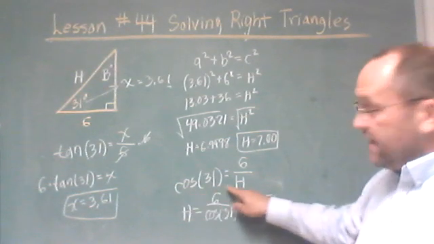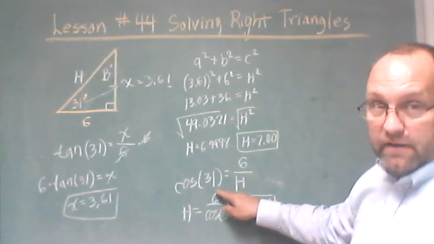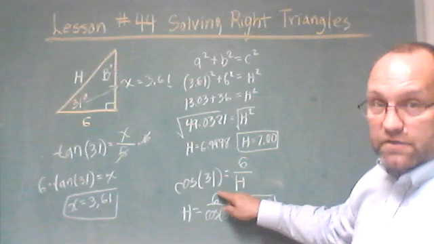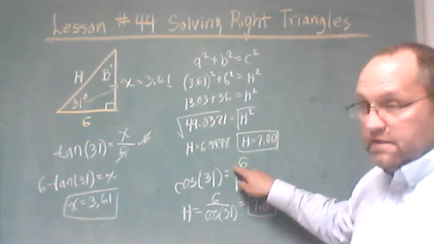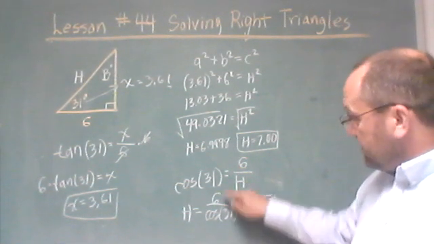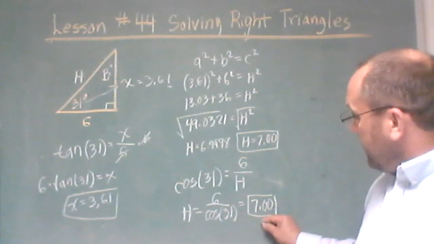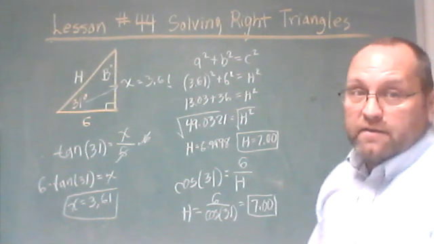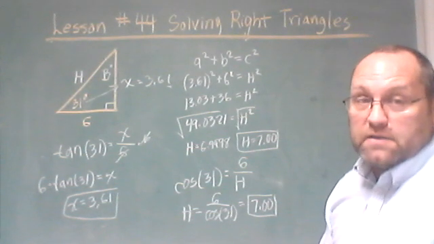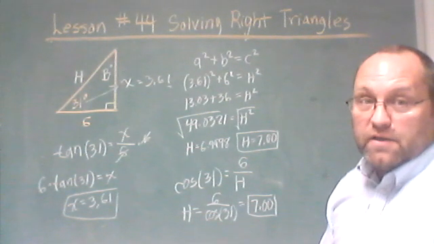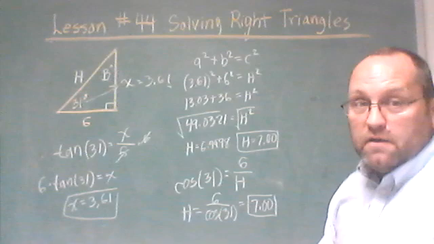As long as I set up my ratios correctly from the beginning based on the definition of the trig function, adjacent length over the hypotenuse, and as long as I rearrange my equation correctly, okay, but I only have 2 steps basically, and then I'm plugging it into the calculator versus 5 up here.